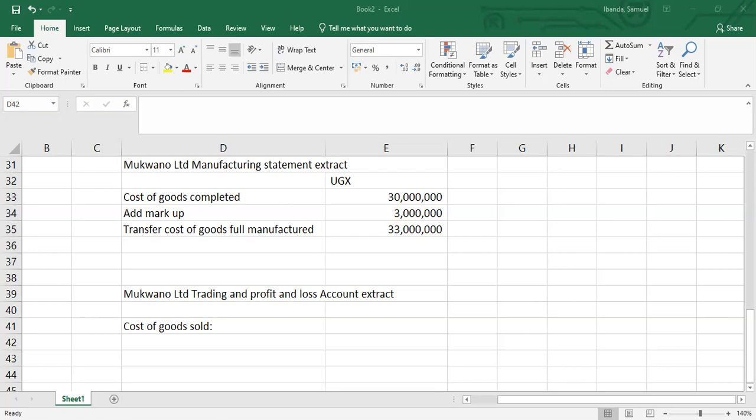Then we shall be able to less our closing stock, and proceed to determine our gross profit, which we cannot determine, and then add the factory profit, and then less any increase or decrease in provision. So basically that is what we are going to do right here. Just a moment.